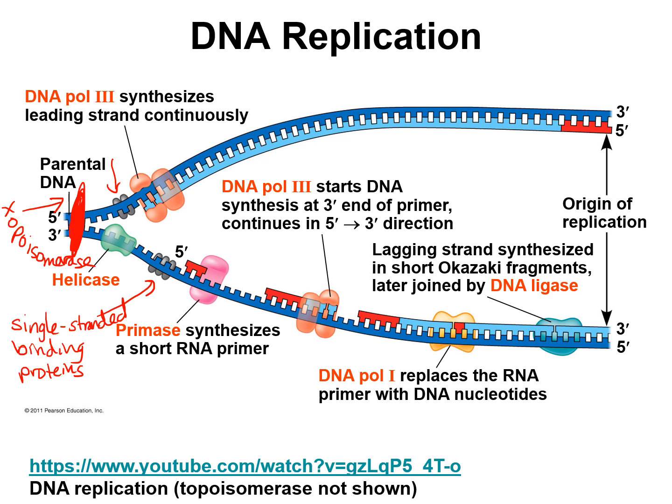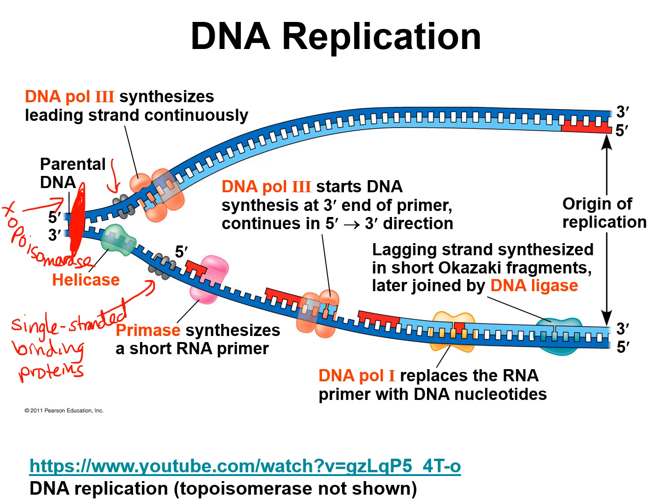But we need a primer to start the new strands. So we're going to use the enzyme called primase, which is actually pictured over here in pink. We're going to start over here on the top, and the primase enzyme is going to make the primer here in red, and the primer is actually going to be made out of RNA. Although we are making a DNA strand, the primer is made out of RNA, which we'll replace with DNA a little bit later.